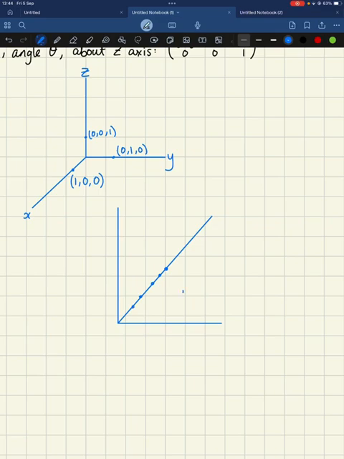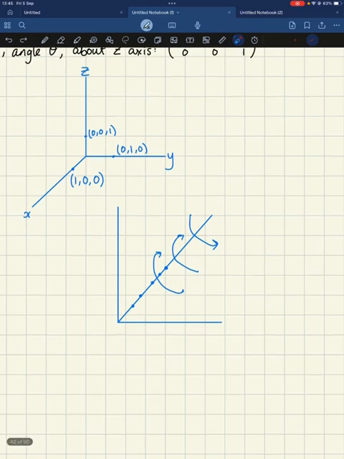If you imagine a compass, when you're using a compass, you have the fixed point and then you can rotate stuff around it. Just imagine the fixed point, the sharp point of the compass, being on the line y equals x, and you're rotating stuff around it. So everything on that line is invariant.